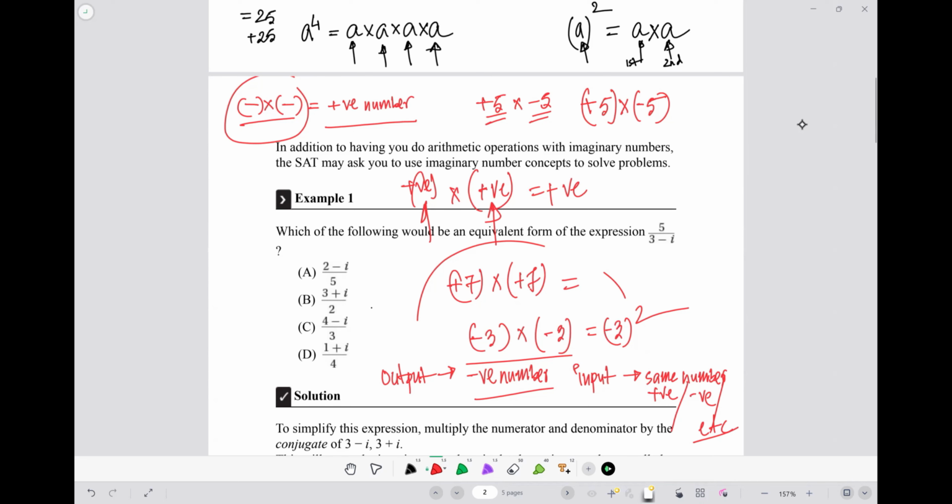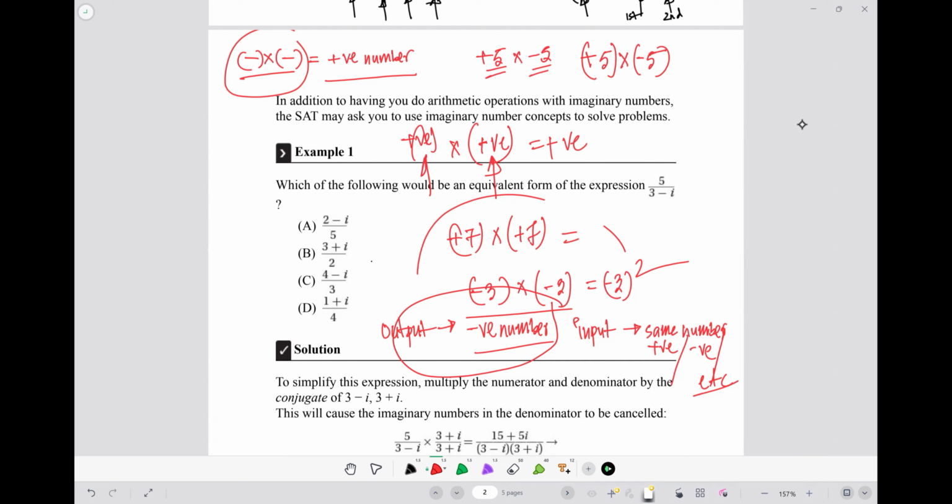So it's not possible, and that's why we need to introduce something. In a real world algebra system, we really cannot get a negative number as the output in the case where we are inputting the same positive or negative number.